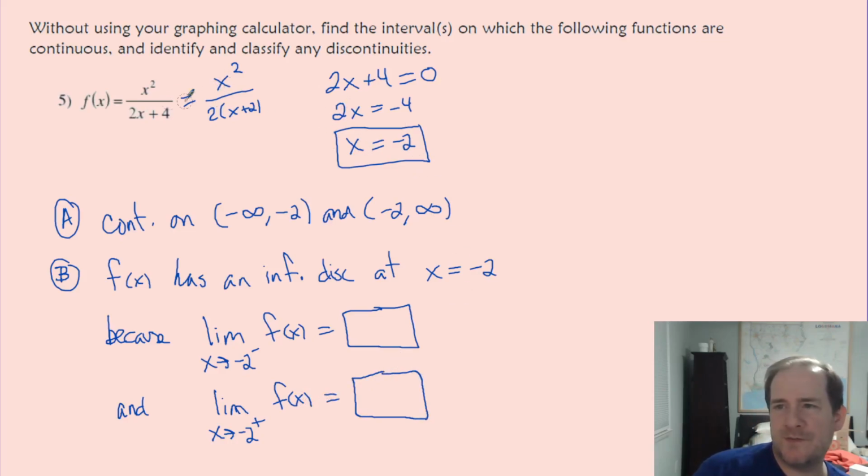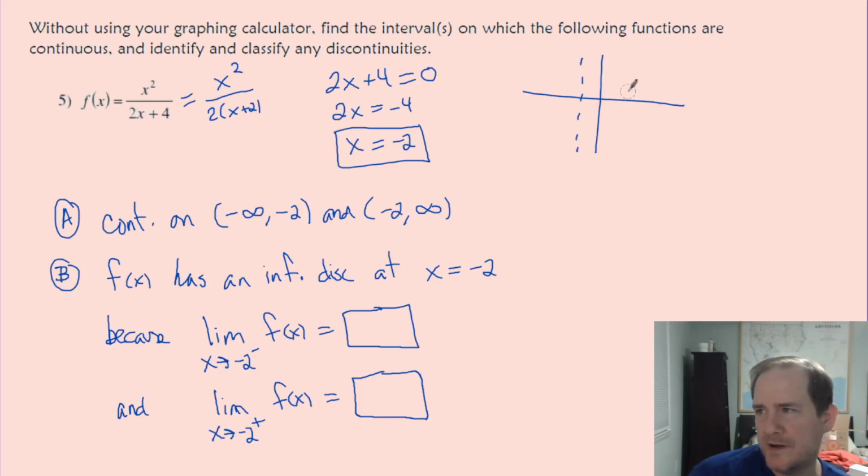Now if you know much about rational functions, you know that on either side of an asymptote, ours being at -2, there's not a ton of options. And again, actually we have a slant asymptote here, so this is a little trickier. I'm just going to pretend we had a horizontal one anyway, just for a hot second. But think about it. Typically, don't we get a branch that's under and then a branch that's over?